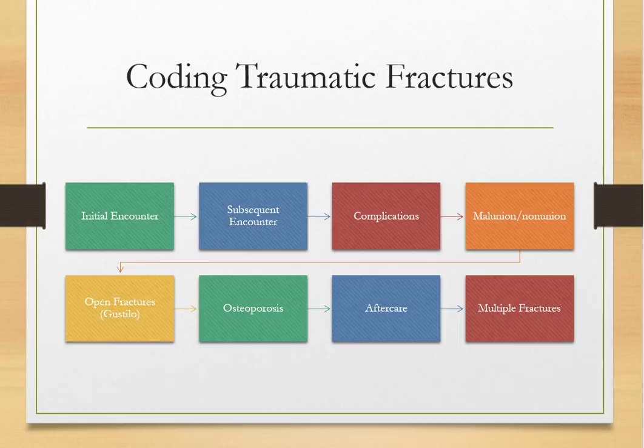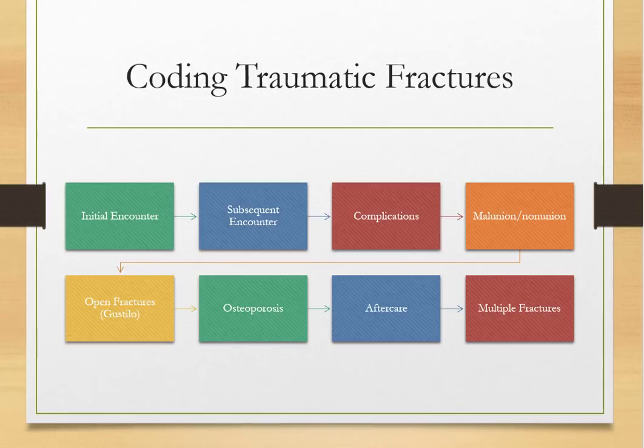The appropriate seventh character for the initial encounter should also be assigned for a patient who actually delayed seeking treatment for the fracture or non-union. Fractures are coded using the appropriate seventh character for subsequent care encounters. And when is this, guys?